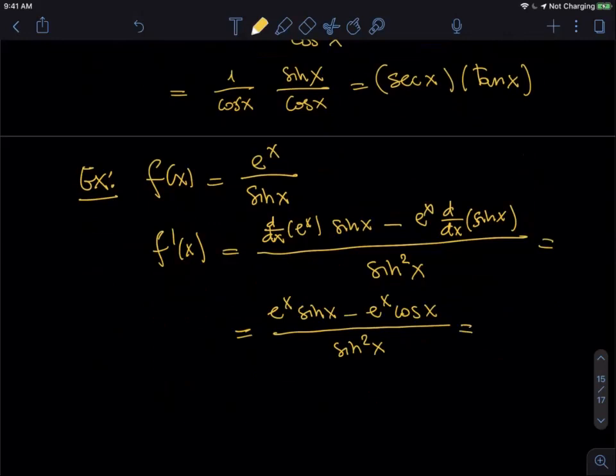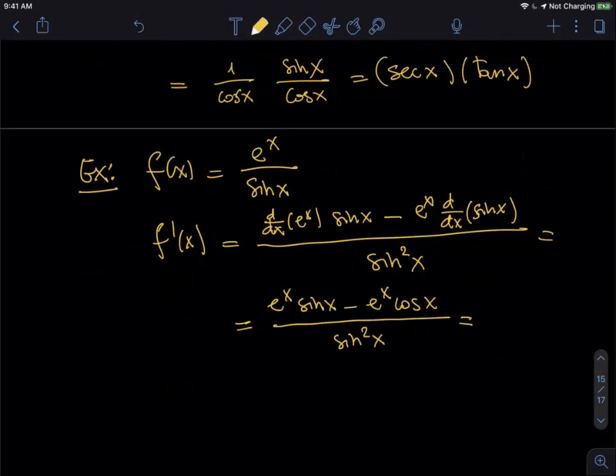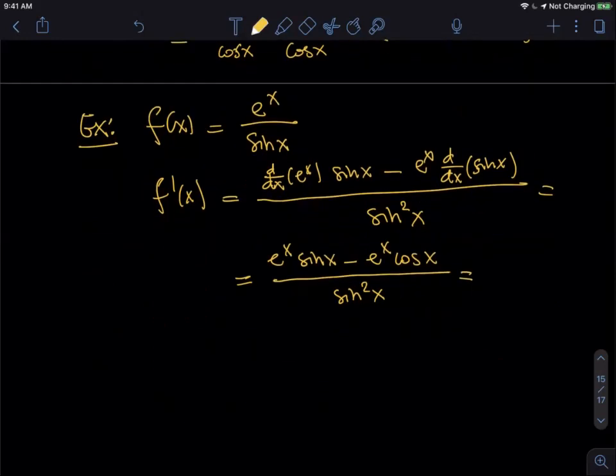And well, now we need to try and simplify. There are different possibilities. So we could do, for example, e^x times 1 over sine of x minus cosine of x divided by the sine square of x. That's one option.